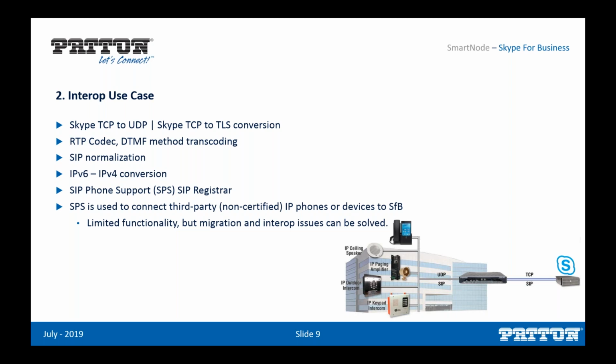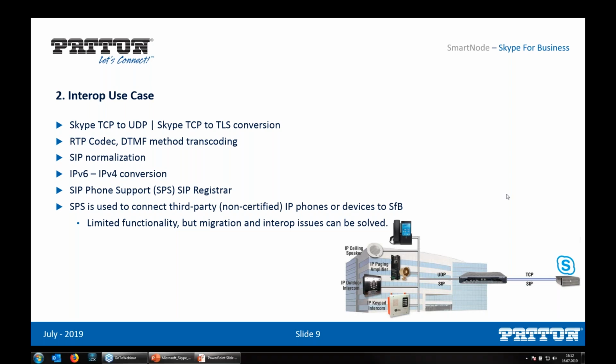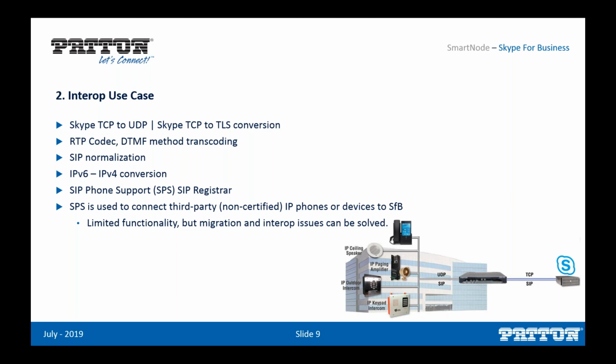That means you can do all the conversions from IPv4 to IPv6 on an IP level, but it's also integrated and supported as far as the SIP protocol is concerned. So the device fully supports SIP over IPv6.